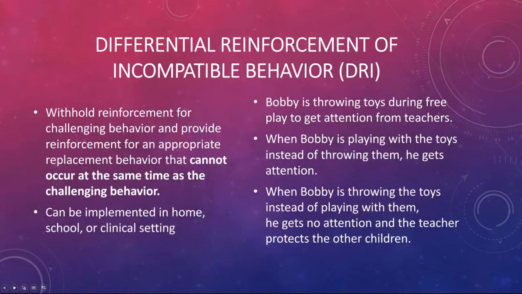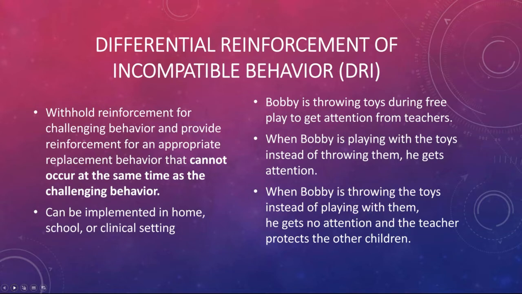Howdy, y'all. This is Brittany. Differential reinforcement of incompatible behavior, also known as DRI, is probably the easiest differential reinforcement that there is, because basically you take the behavior you don't want to happen and you pick the other one, and then you reinforce the other one and ignore the bad one.